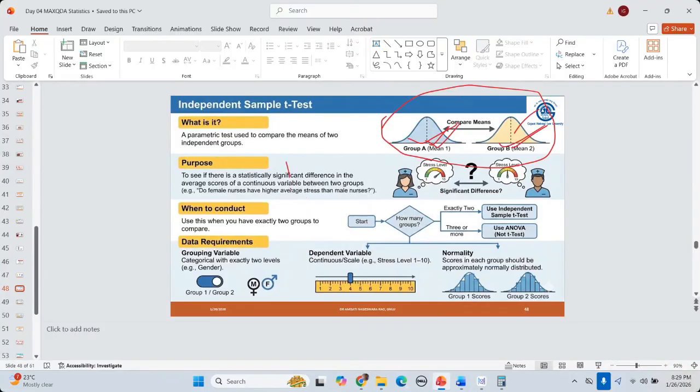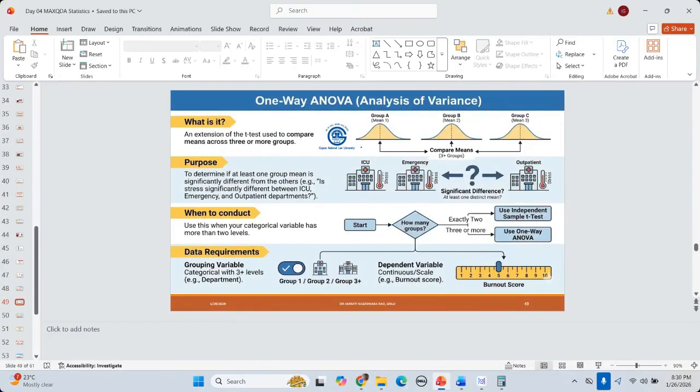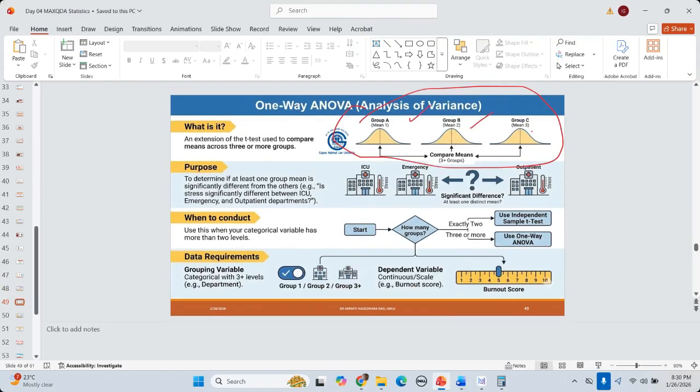We require 1 dependent variable, that is quantitative data. The second variable must be categorical data. Okay. So if you have 2 categories, t-test. If you have 3 categories, ANOVA test. When it comes to ANOVA, we have 3 categories like group A, group B, group C. Like how we have emergency, ICU, outpatient, we have 3 categories.